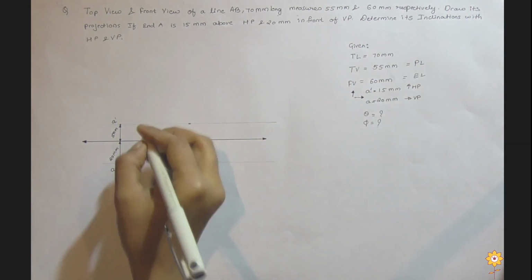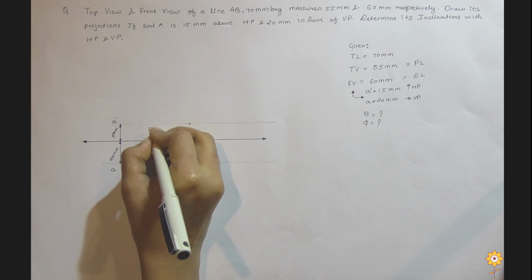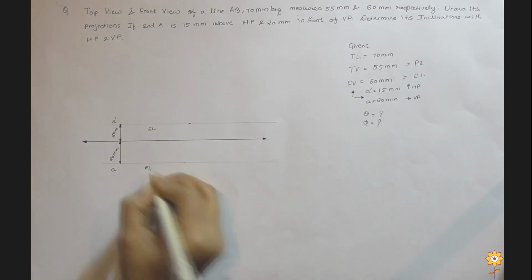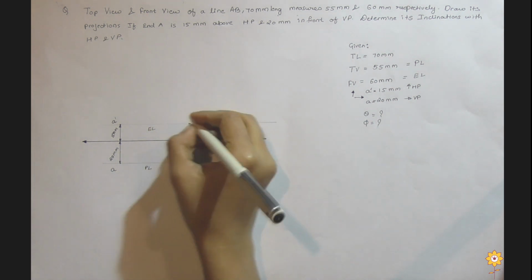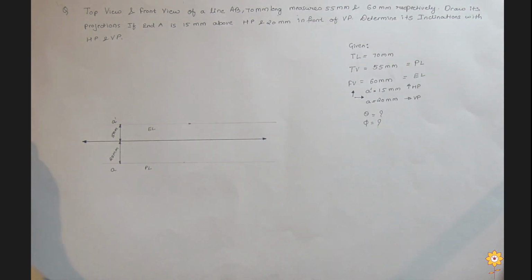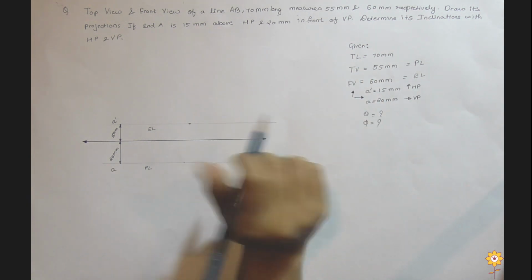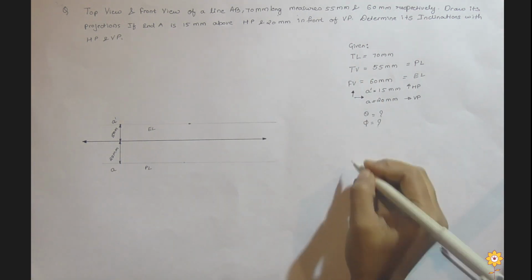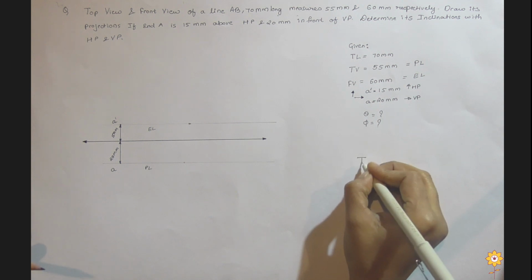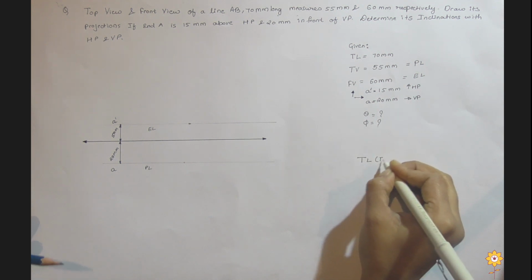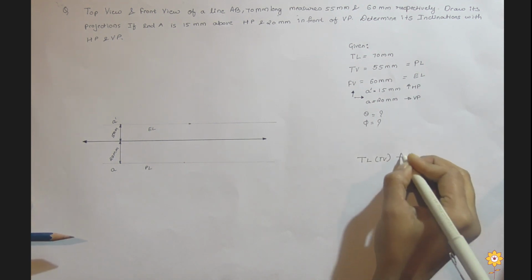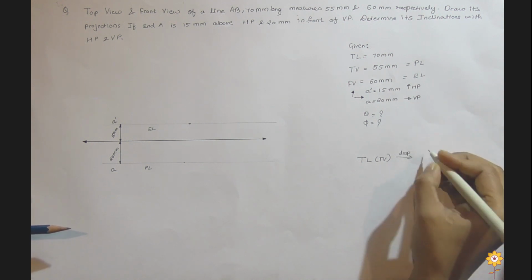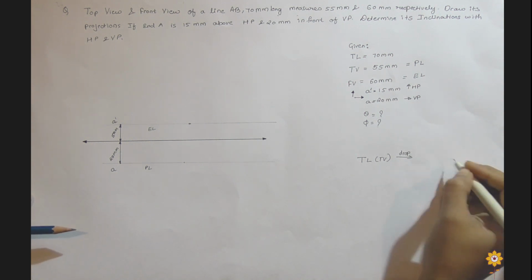So this is my elevation length and this is my plan length. Now as I have this point, my next step is to find where my true length should be placed. Whenever I have the true length of the top view, if I drop this line, I would get my true length of the top view.